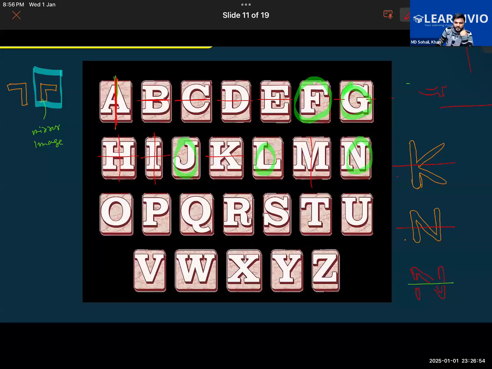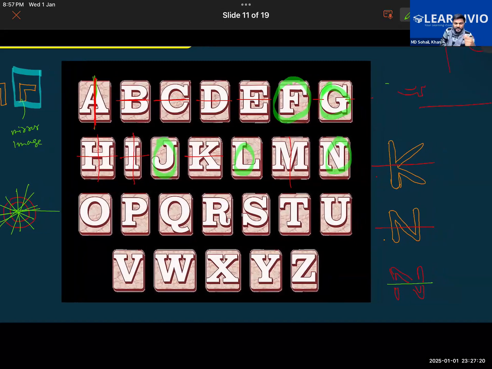It will be vertical. Only vertical? Horizontal also. In fact, it will have infinite lines of symmetry. Getting it? Like this letter O, the symmetry in this will be infinite, like this, this.